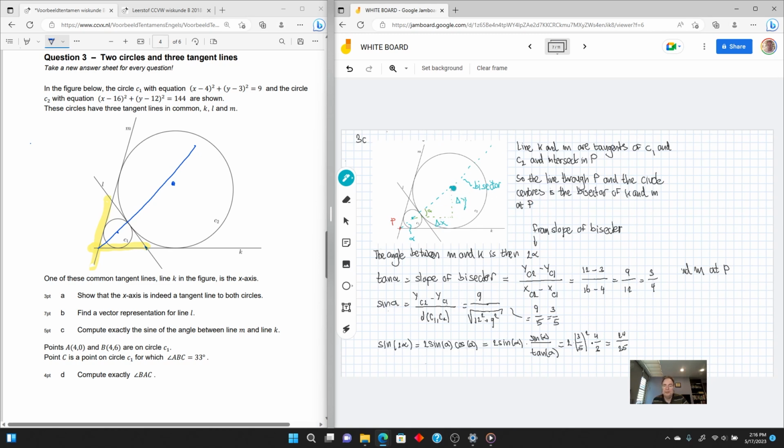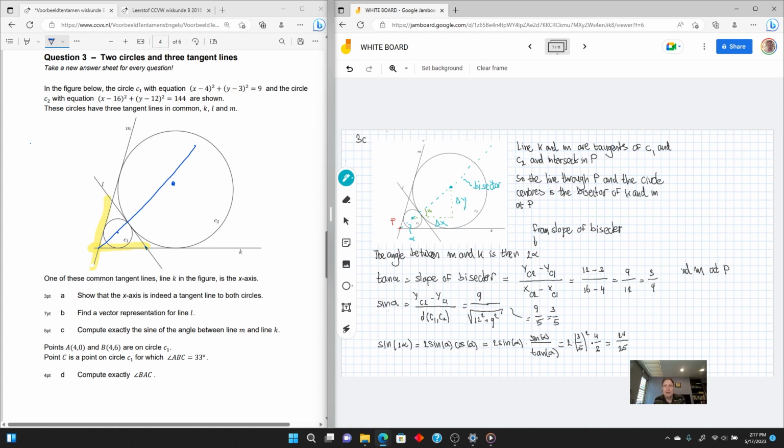So delta y is 12 minus 3, and delta x is 16 minus 4. So it's 9 over 12, which is 3 over 4. And that's related to the tangent of alpha. So the tangent of alpha is 3 over 4.